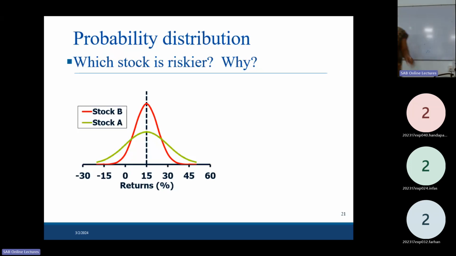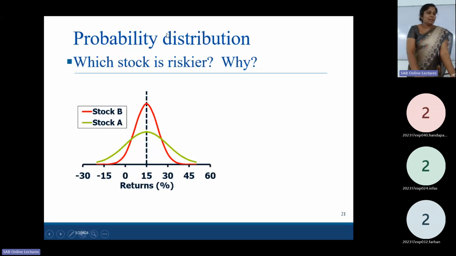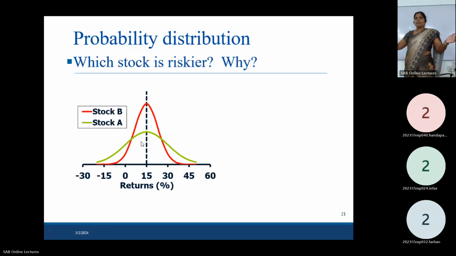By looking at this picture or this distribution, you can have some sense about the risk of these two companies' returns. If you look at this green one, you can see its distribution is more wide. But if you take the red one, company B, it goes up. It is very narrow.